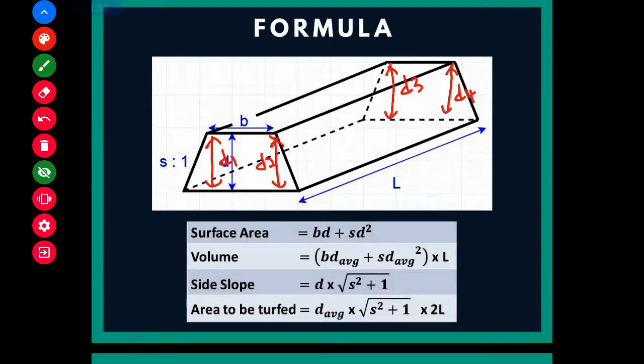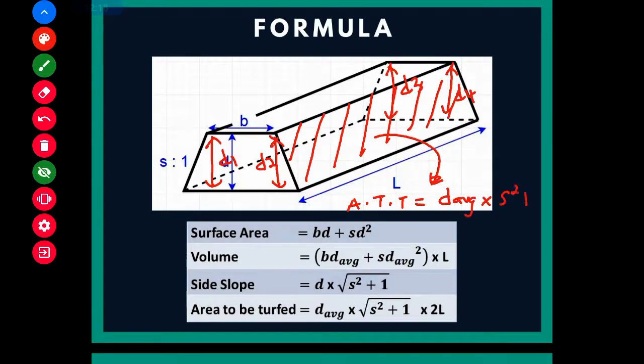First, for this area to be turf, the formula will be area to be turf equal to d average multiplied with the square root of s squared plus 1, and then you just multiply with L, right?